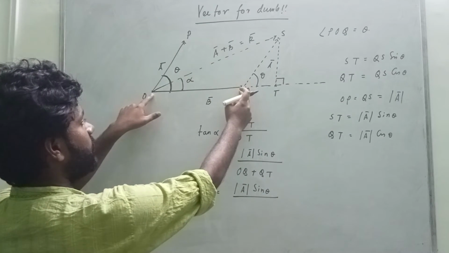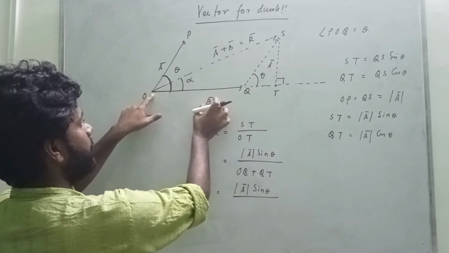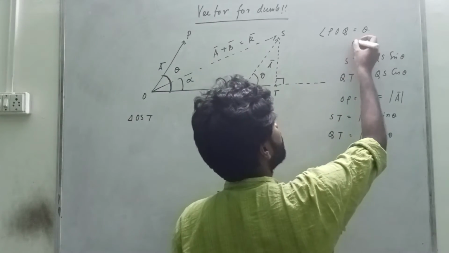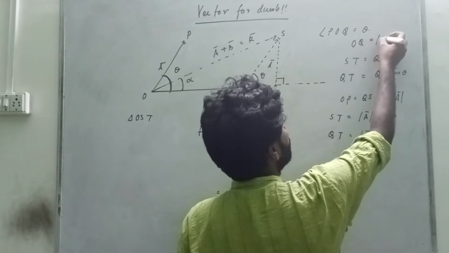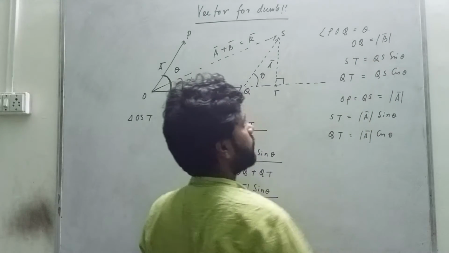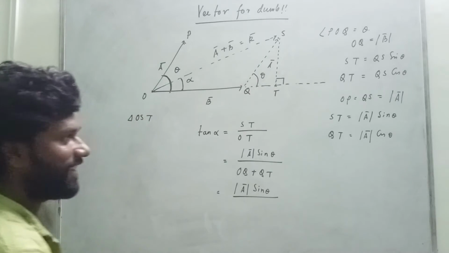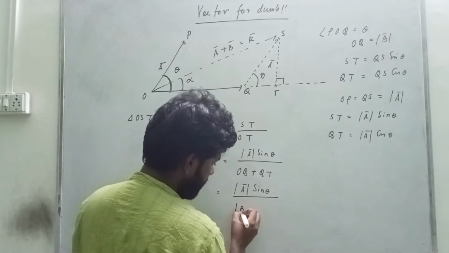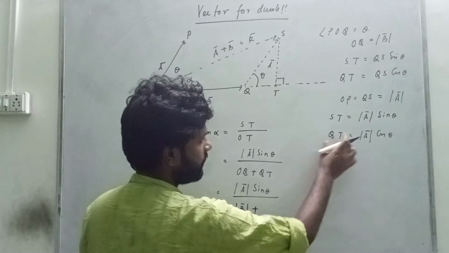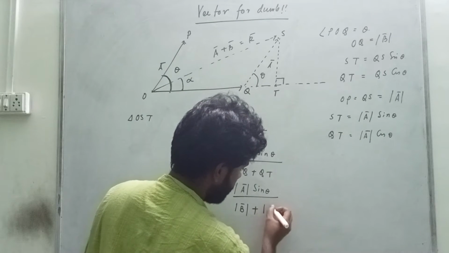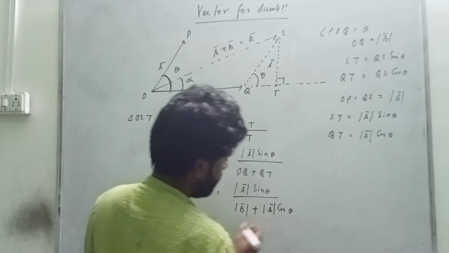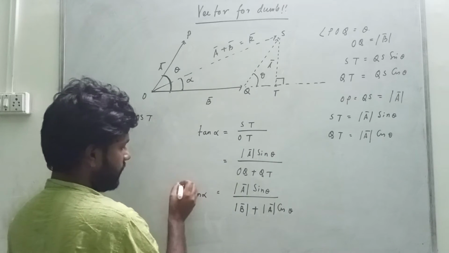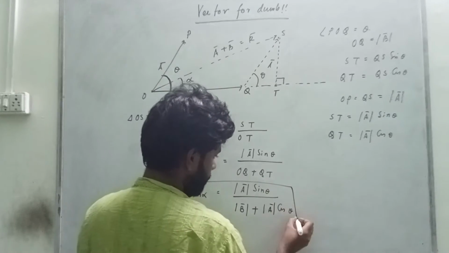It's the magnitude of vector B, because it's a vector B. So obviously OQ means the modulus of vector B. Very simple, OQ means the modulus of B, plus QT means modulus of A cos theta, right? It is our tan alpha, right? It is our next formula.